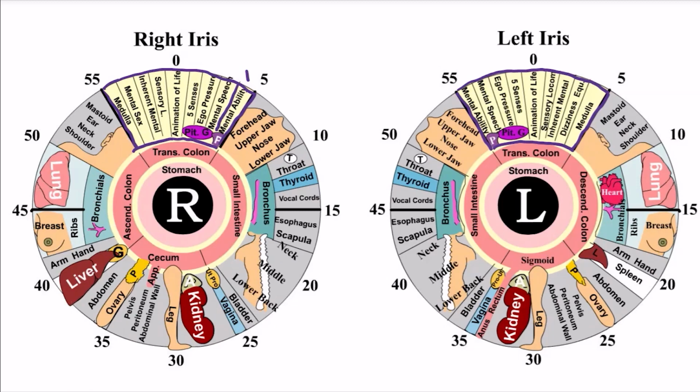Also you can see the bronchioles and the gallbladder and the pancreas as well. So they are located in zone 3. And in the left iris, we have the pineal gland mirrored, and its location is at approximately 11 o'clock in the left eye, again at the base of the mental ability brain zone.